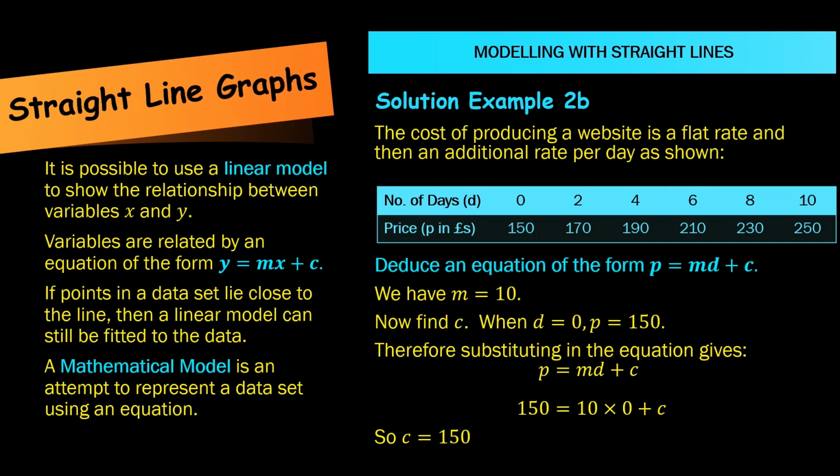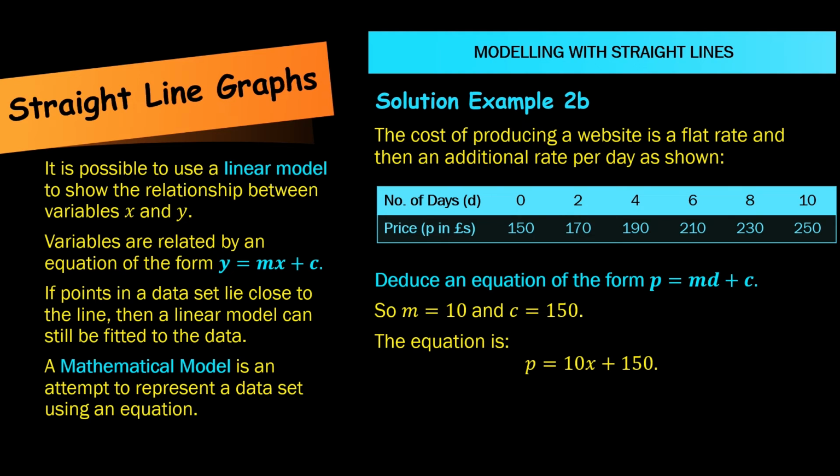And so tidying up gives us that c is equal to 150. So the equation is P equals 10 times x plus 150.